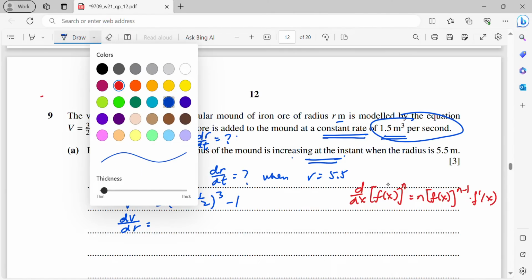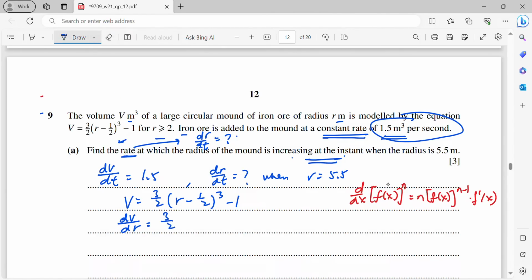So from here, I will get 3 over 2 times 3, r minus half to the power of 2. Then when you differentiate r minus half, it is 1. So the minus 1 at the back will be 0 because it is a constant. Then from here, I will get 9 over 2 times r minus half to the power of 2.